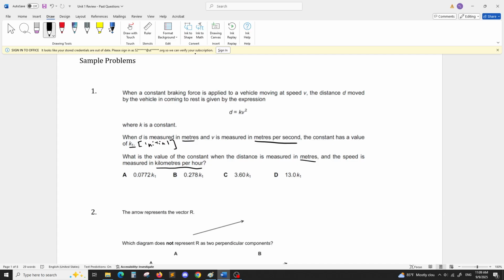So let's say this new k is k2, with units meters and then kilometers per hour squared. So we need to convert it so that this is in meters per second and this is in meters. Well, this one is already in meters, so we don't have to do anything, but we have to convert these ones.